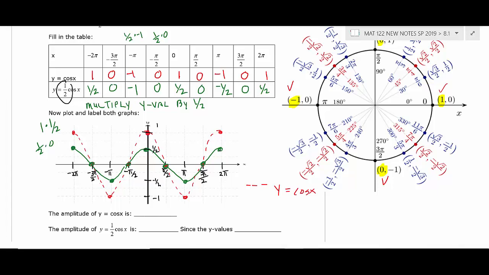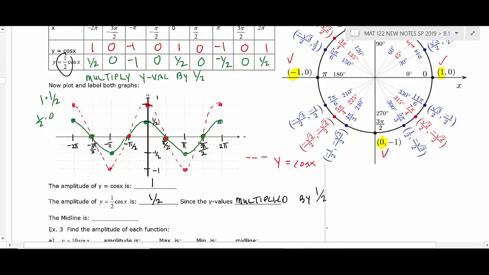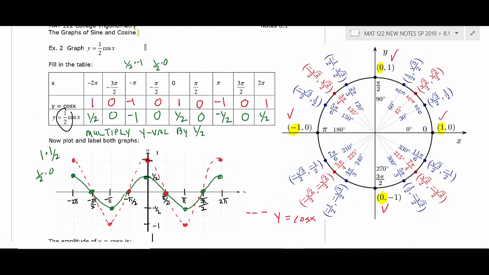So just a couple of things informationally on this. The amplitude of the cosine is 1. The amplitude of y equals 1/2 cosine is 1/2, since the y values were multiplied by 1/2. And then the midline would be the same as the last problem. If you look at halfway between the max and the min, it would just be the x-axis.